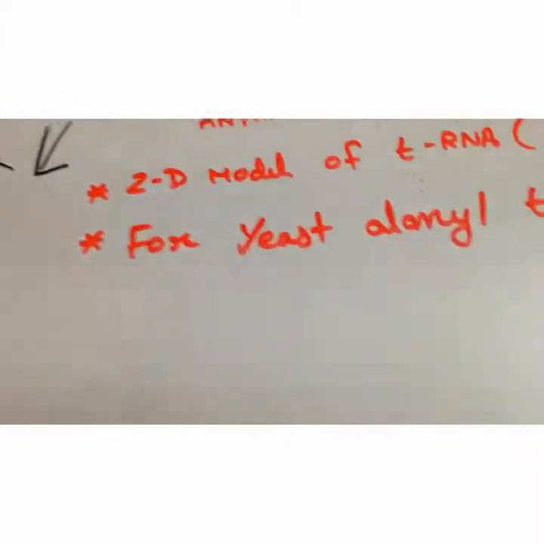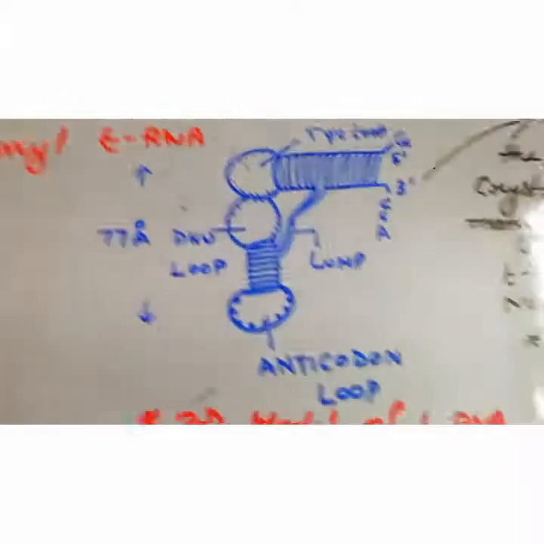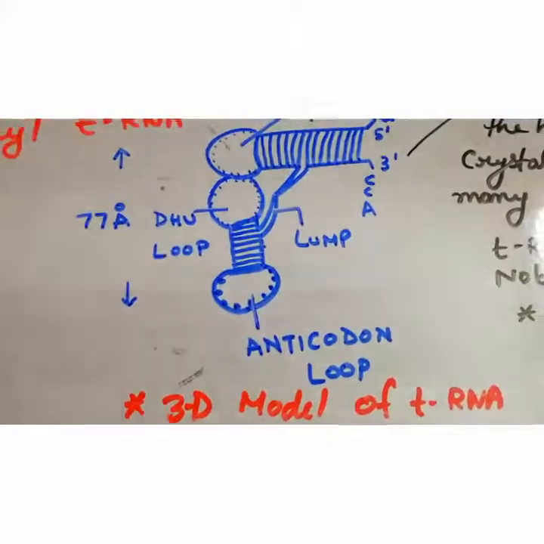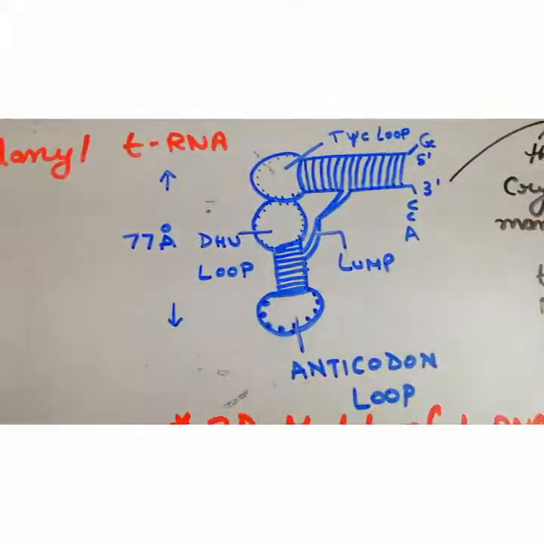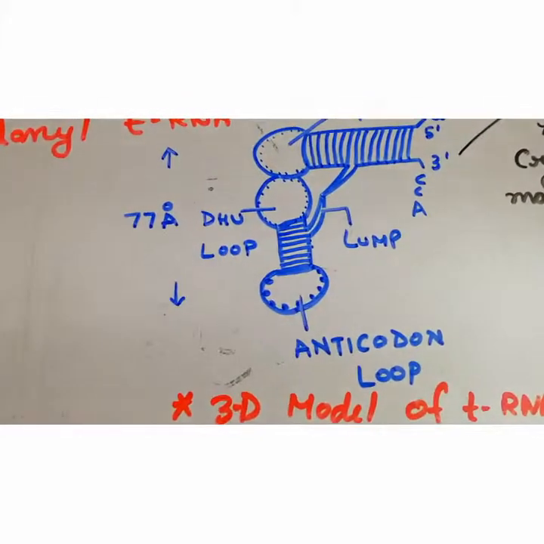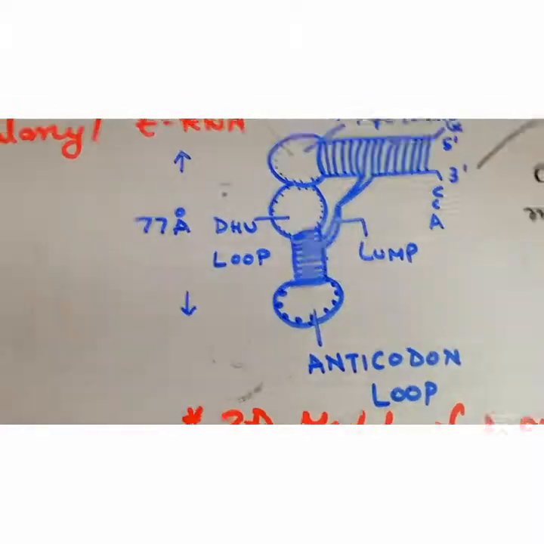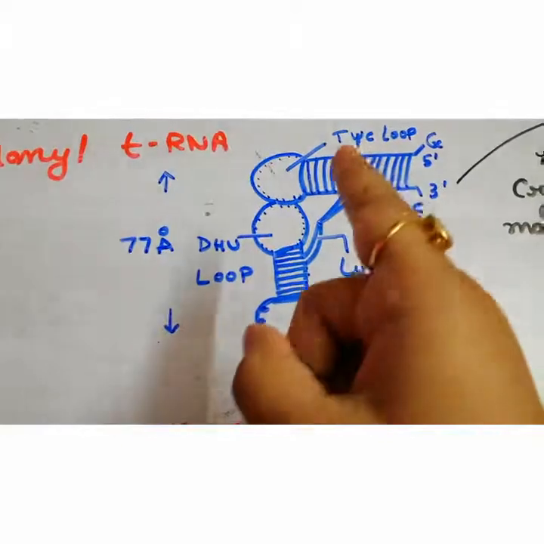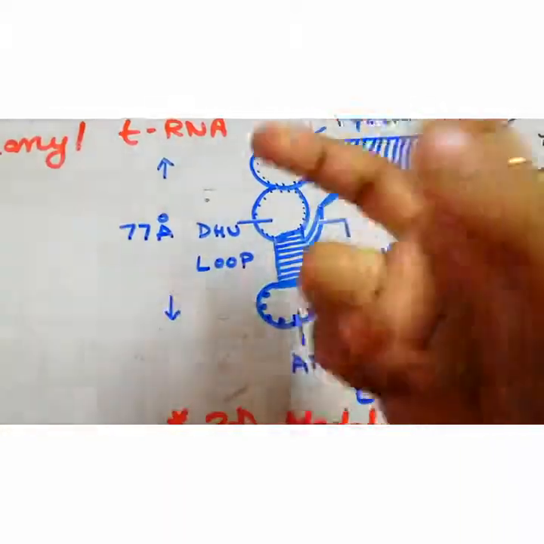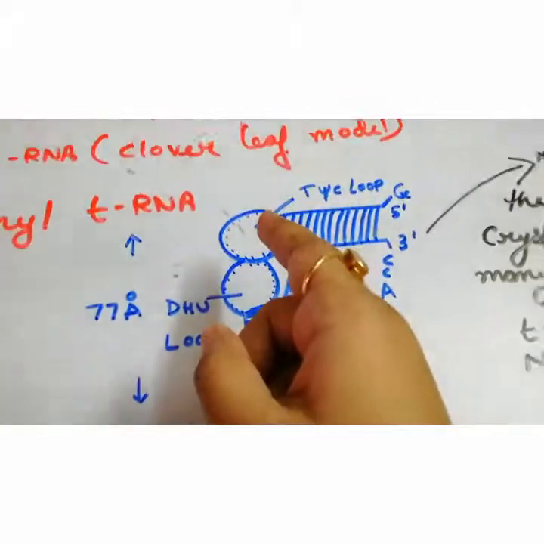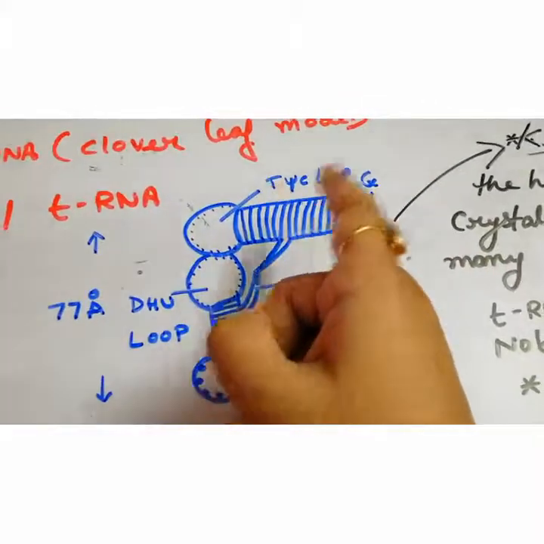Now if I give you this 3D model of tRNA, which is quite similar to the 2D model, the things are similar, but there is a very small difference. As you can see, again there are 3 lobes or loops, whatever you want to say. The first loop here is the T-psi-C loop.